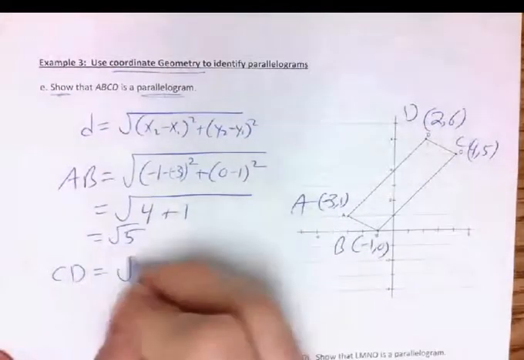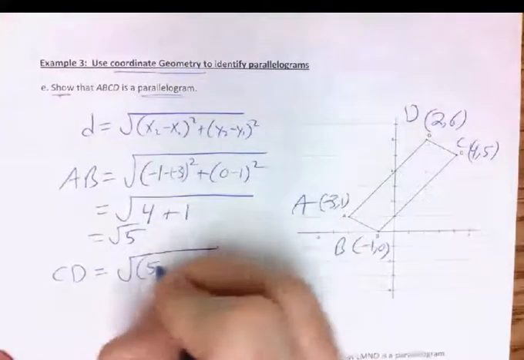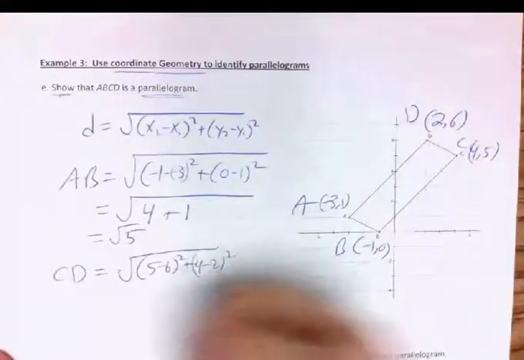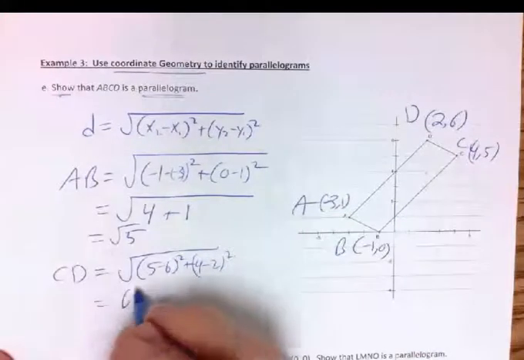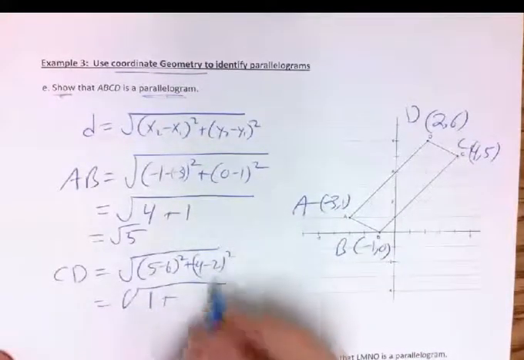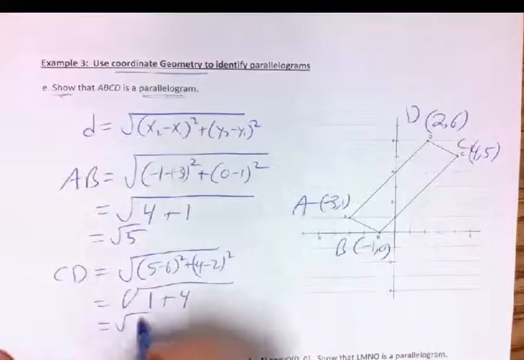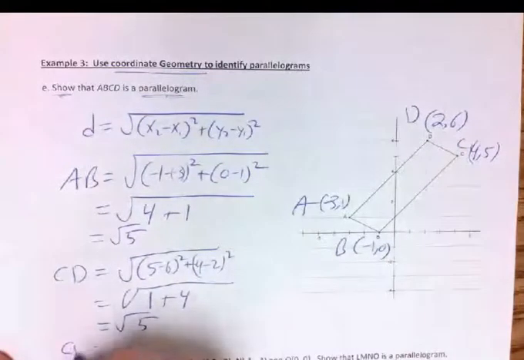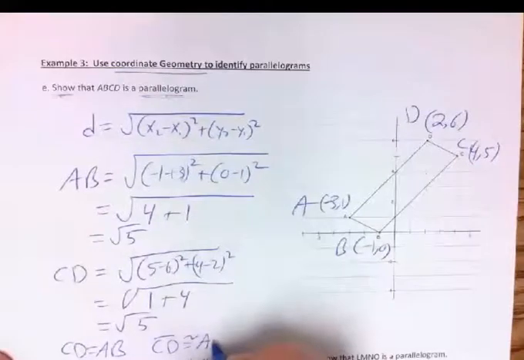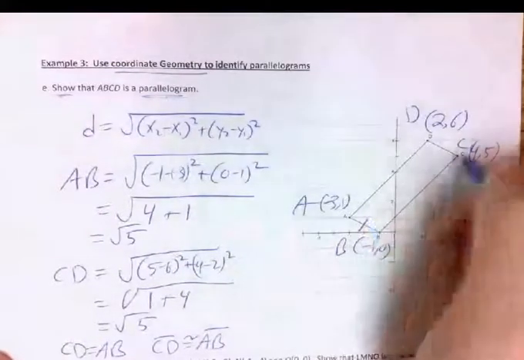CD is 5 minus 6 squared plus 4 minus 2 squared. 5 minus 6 is -1. -1 squared is 1. 4 minus 2 is 2. 2 squared is 4, which is the square root of 5. So guess what? CD equals AB, which means segment CD is congruent to segment AB. AB congruent to CD.